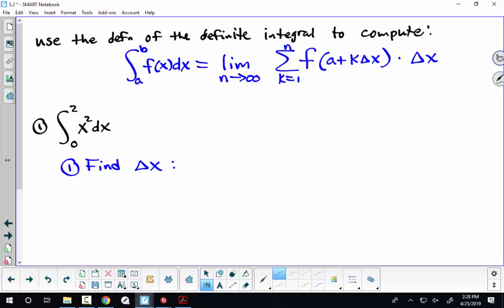So b is 2, a is 0. Remember, n is n, because the last thing we do is let n go to infinity. So unlike in 5.1, when we had 50 rectangles, n was 50, or 35 rectangles, we divide by 35. Here, with the definition, we just leave n as n. Okay, so delta x is 2 over n.